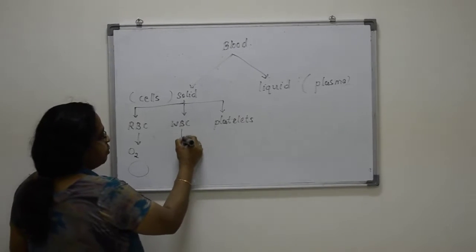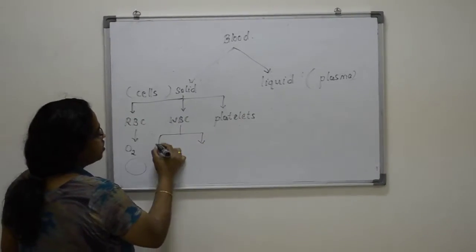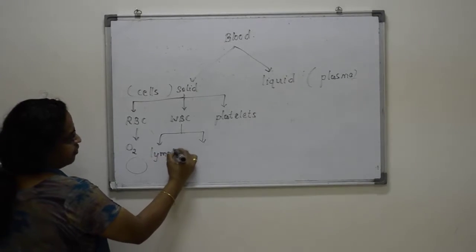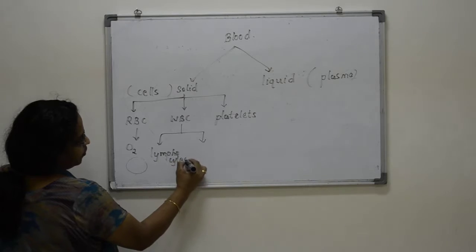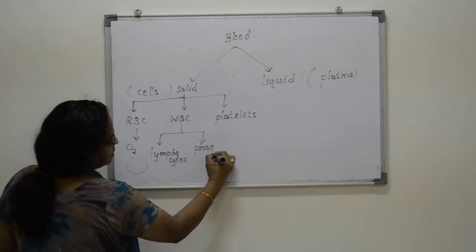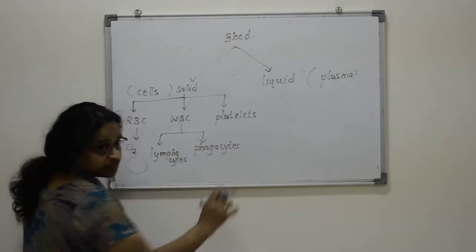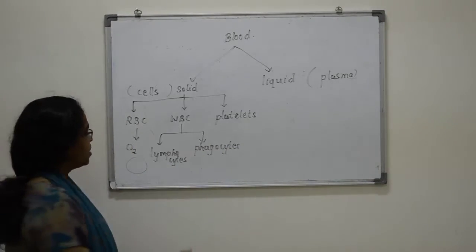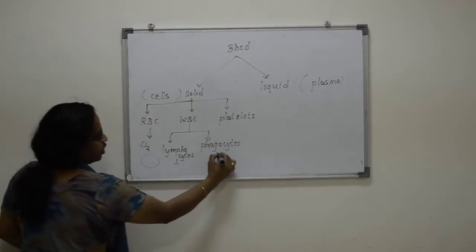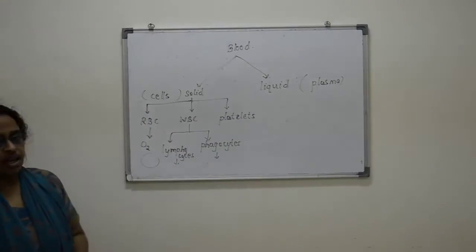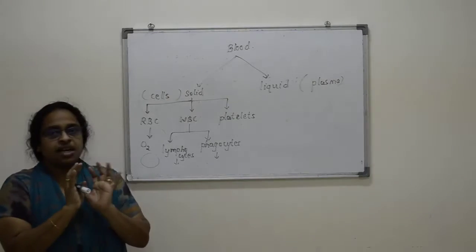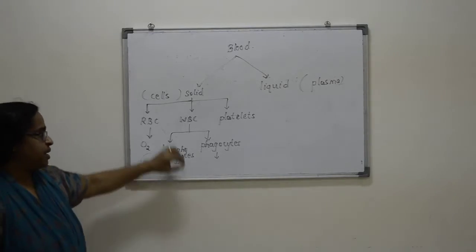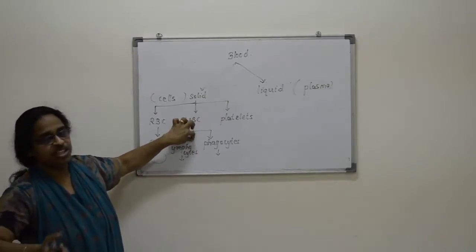Now, about the WBC, we have two kinds of WBC. First one, lymphocytes, and the other is phagocytes. Lymphocytes and phagocytes both are fighting with the disease causing germs, or we can say pathogens, but both of them are fighting in two different ways.